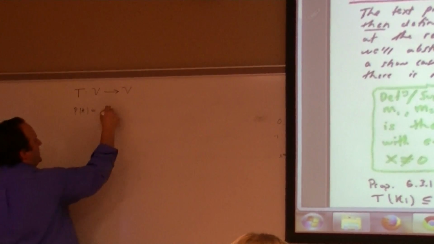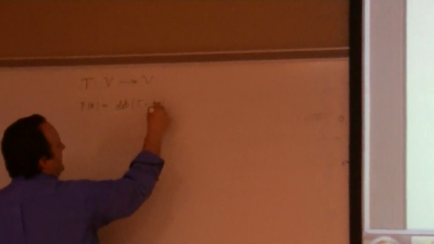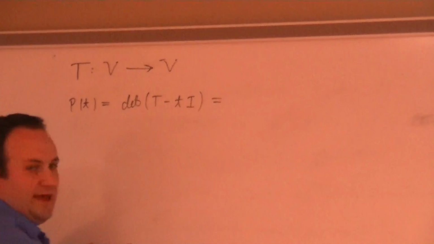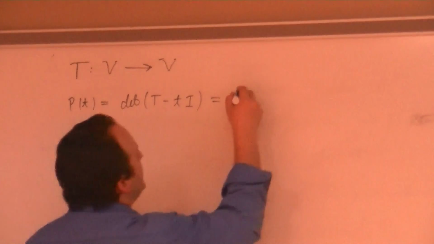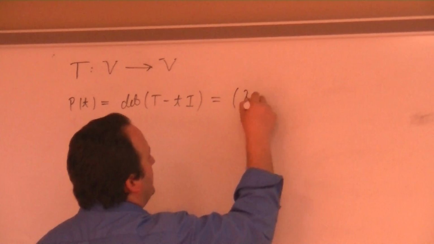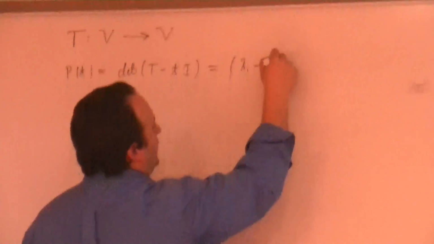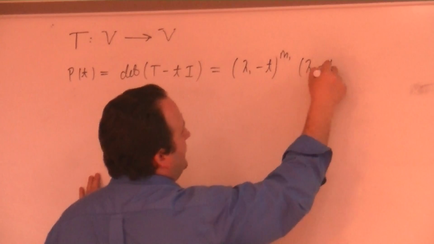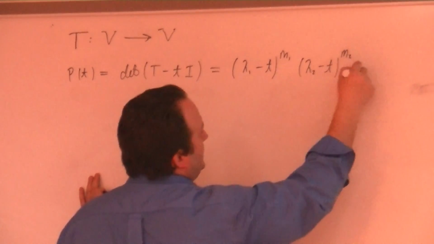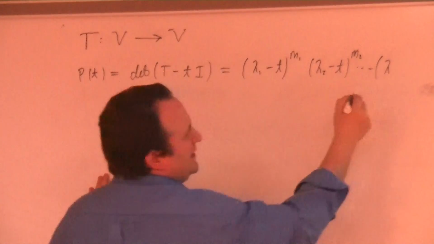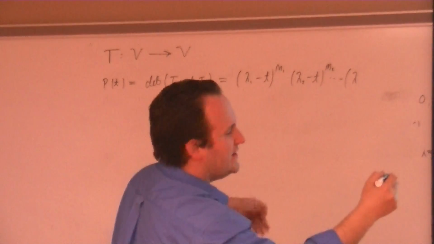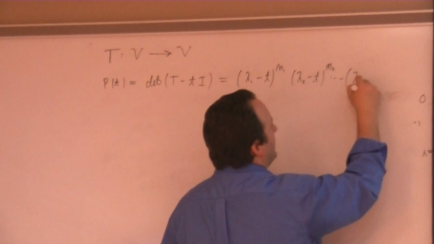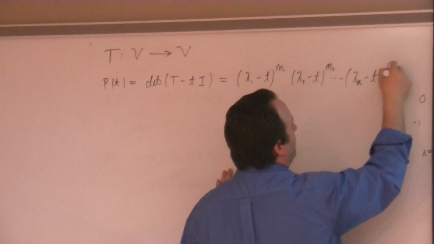Usually that's the determinant of T minus tI. And what happens, we can write it this way. This is equal to (lambda 1 minus t) to the m1 power, and then (lambda 2 minus t) to the m2 power, up to (lambda k minus t) to the mk power.